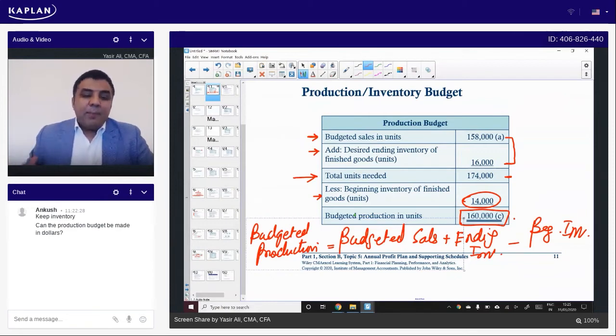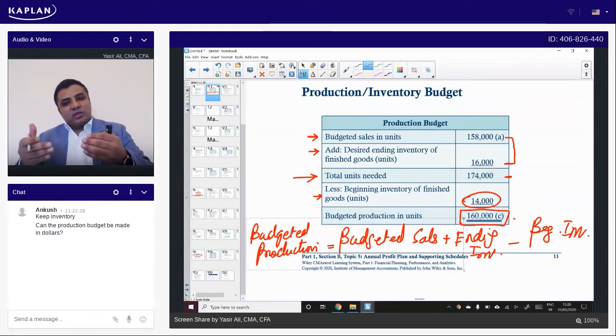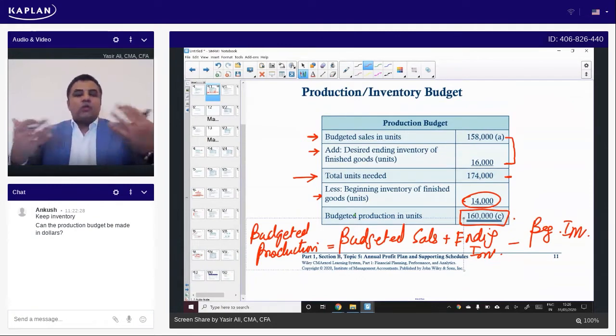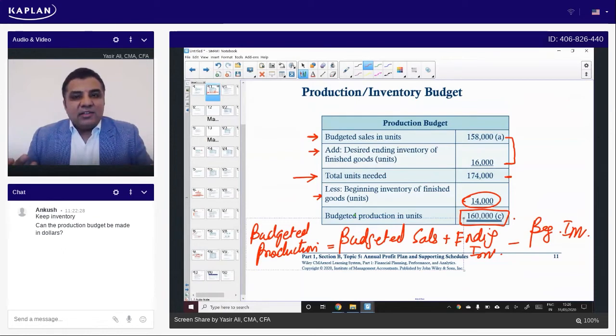So, can the production budget be made in dollars? Very good question. Excellent question. As far as the production budget is concerned, it's typically made in units, right? How many units we want to manufacture. Then these units are translated into cost of goods sold, which is in dollars.